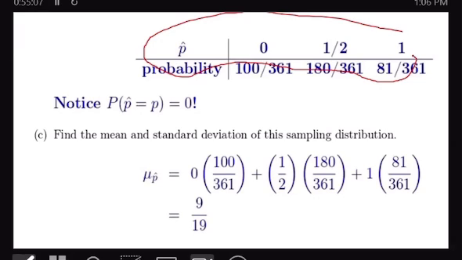Now, if I take a look at this distribution and I realize it is normal, then I can find the average. If I want to find the average, what am I going to do?